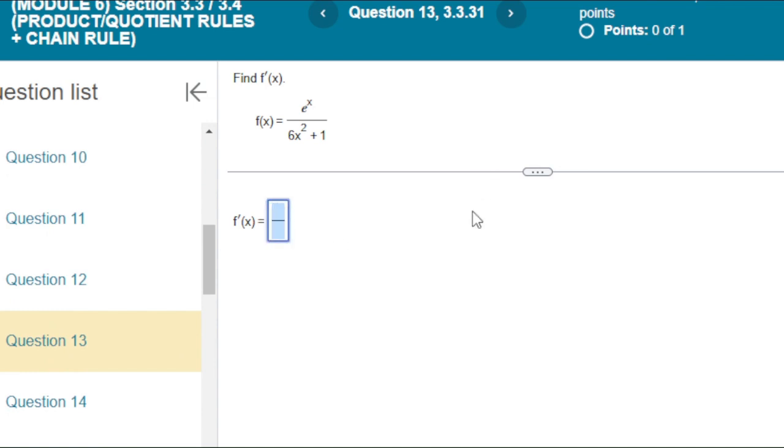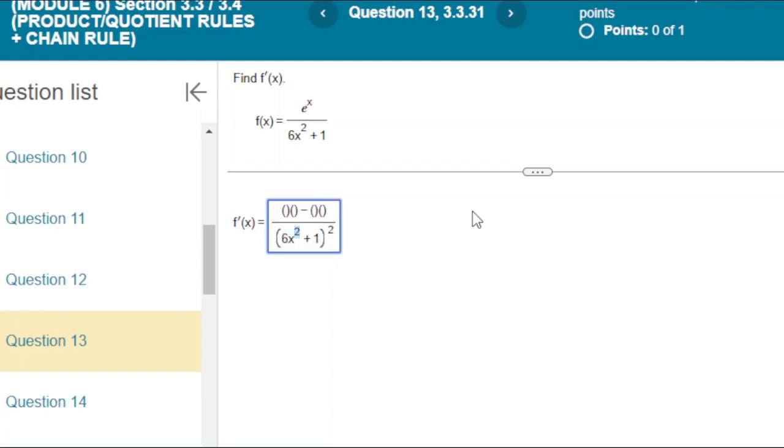Okay, now similar here, low 6x squared. Oops, let me put it in parentheses here first. Let me actually get the form of the answer correct here. We're going to have something squared down here, right? So this is the form of the correct answer. In the denominator, we're going to have 6x squared plus 1 squared.